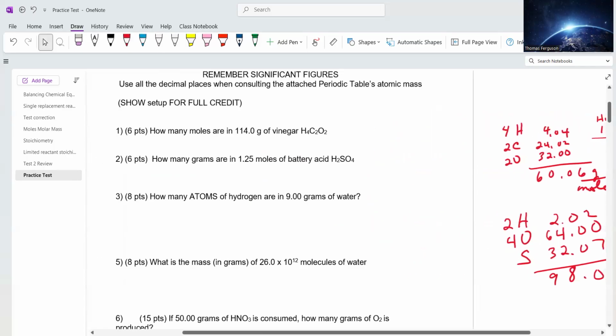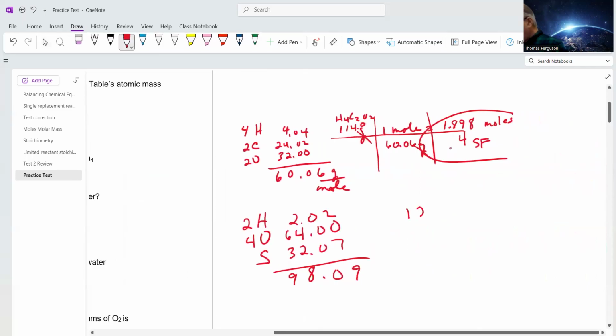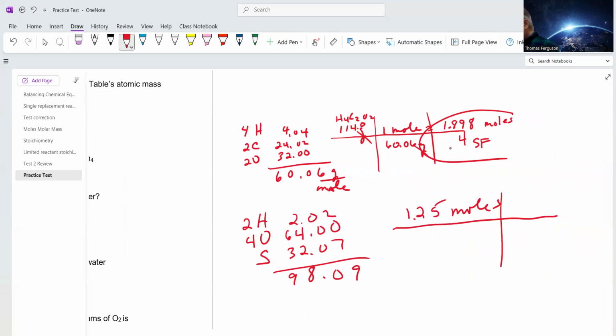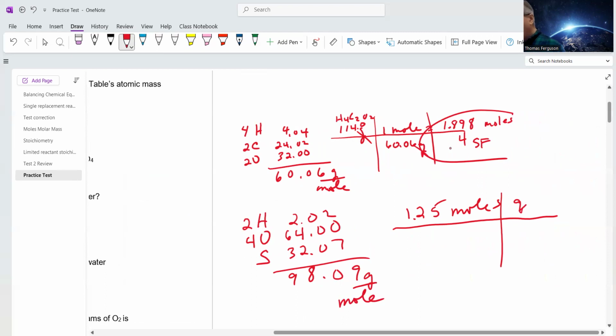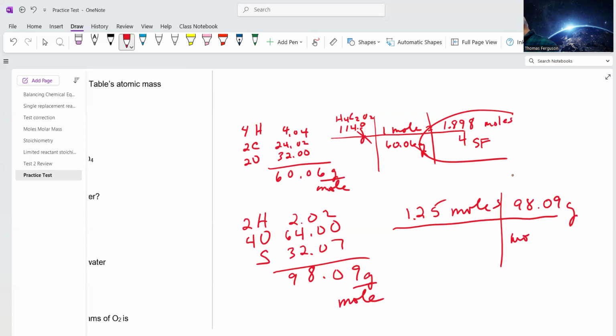Okay, now we're starting with 125 moles. Cancel.